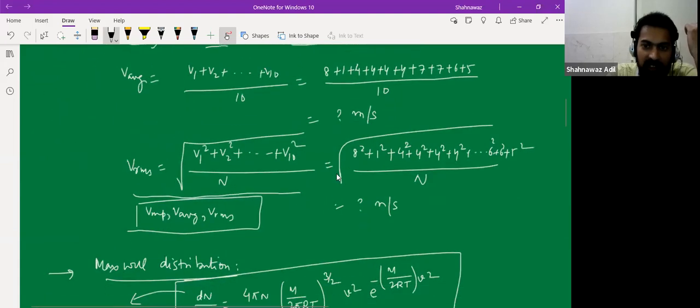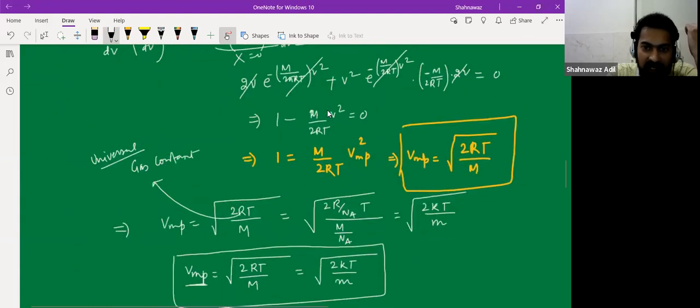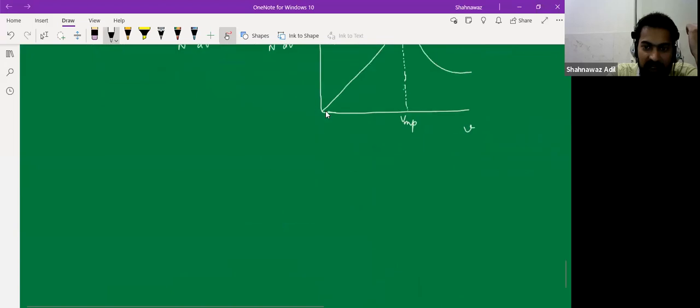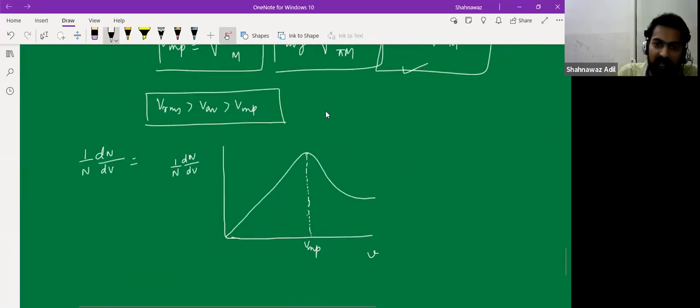So similarly, whichever has the highest probability, that is the most probable velocity, right? And then you saw which was the largest velocity? VRMS was the largest one, right?